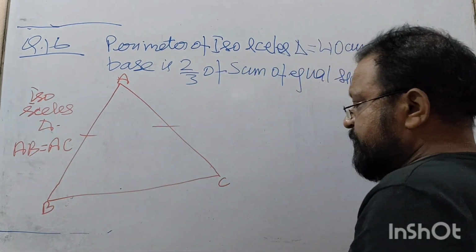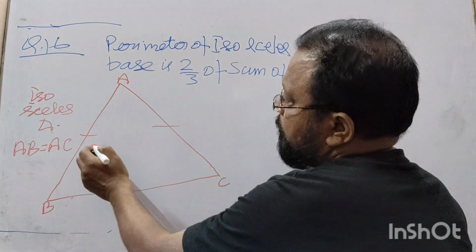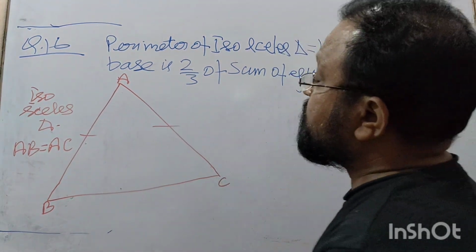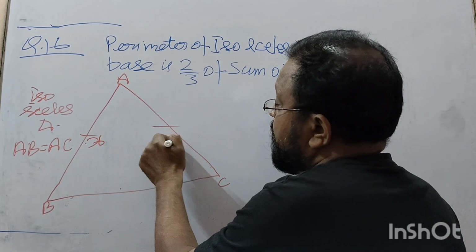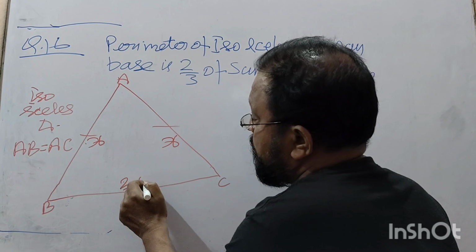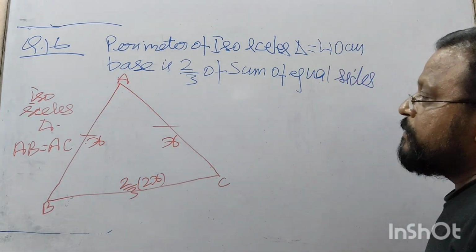The base is 2/3 of the sum of the equal sides. If each equal side is x, the base is 2/3 into 2x.